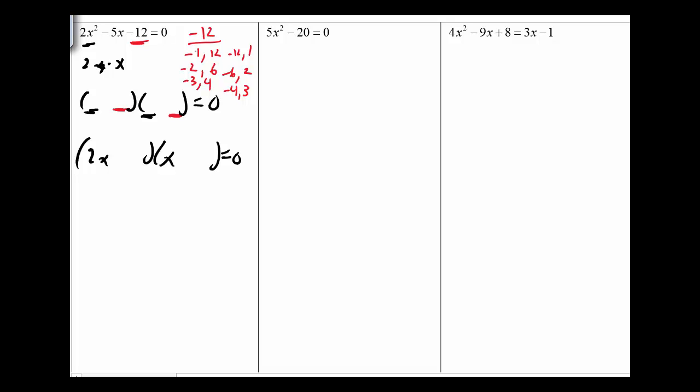Well, 2 and 12, there's no way to get a 5 there. If I double the 12, I get 24 and 1. That's not a 5. Here, if I double the 2, I get 4 and 6. No. Double 6, 12 and 2. No. Double the 3, I get 6 and 4. No. But if I double the 4, I get 8. 8 and 3. 8 and 3 does give me 5. So it looks like 4 and 3 are my winners.